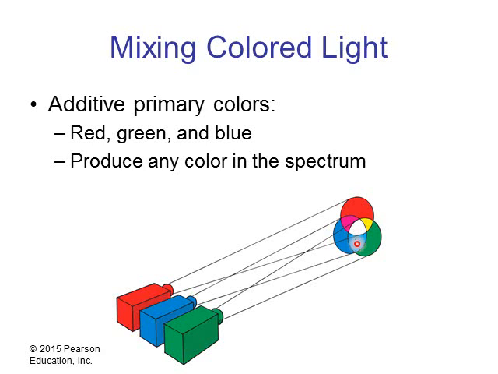Then you have the secondary colors, which are a blending of two primary colors. You blend red and blue, and you get magenta. You blend red and green, and holy crap, you get yellow. Yes, yellow when you blend red and green.